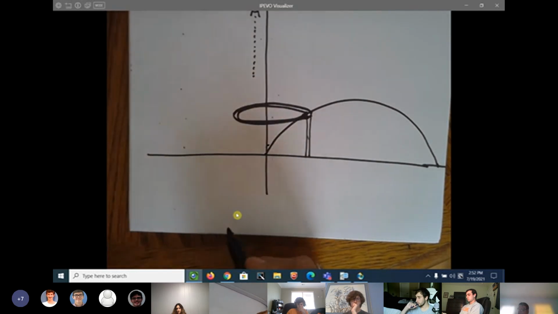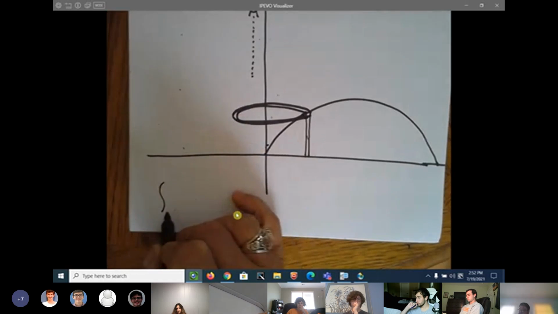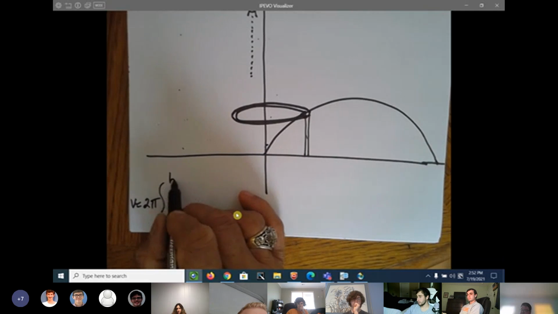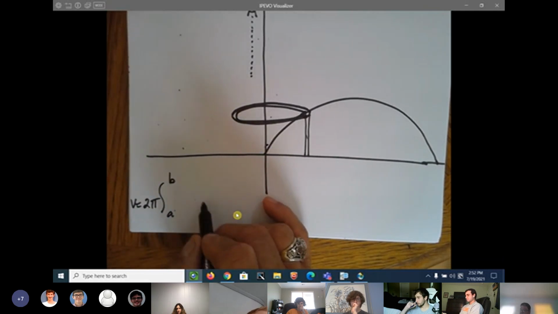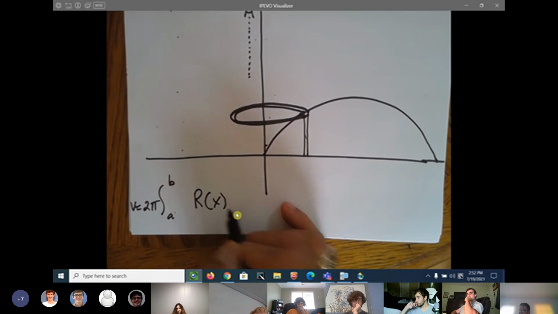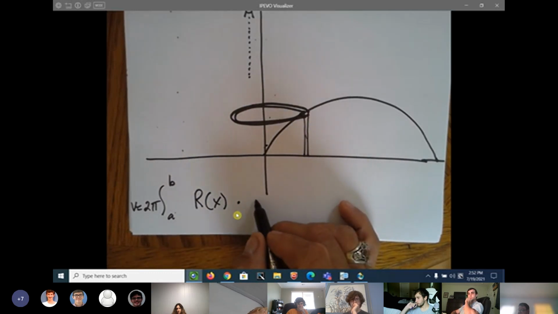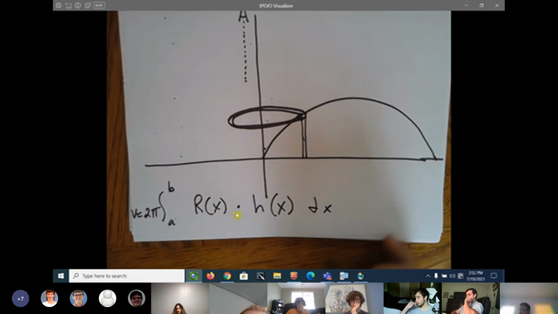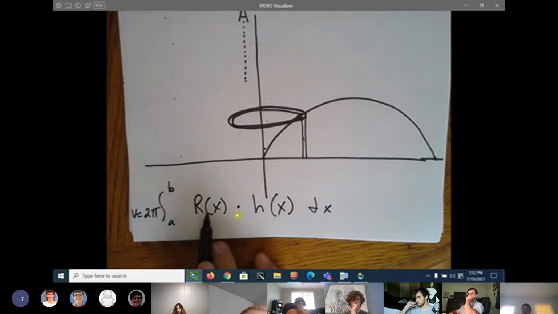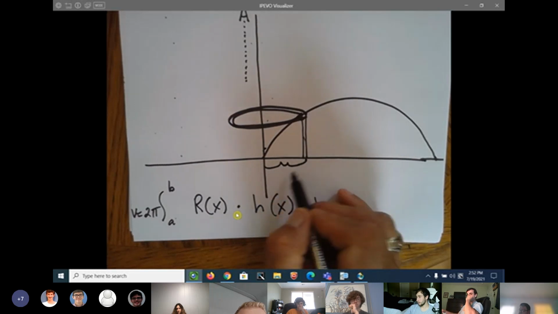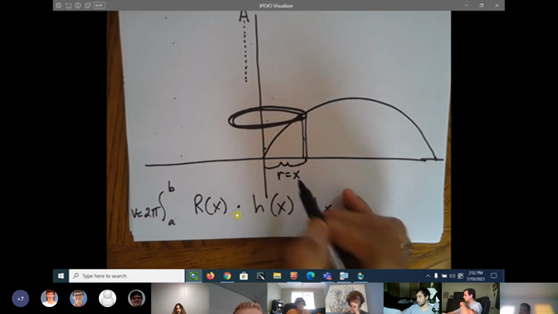Okay. So the volume is going to be equal to 2 pi integral from a to b of r of x, which is your radius, times your height. Okay? Your radius is right here. Radius is equal to x.